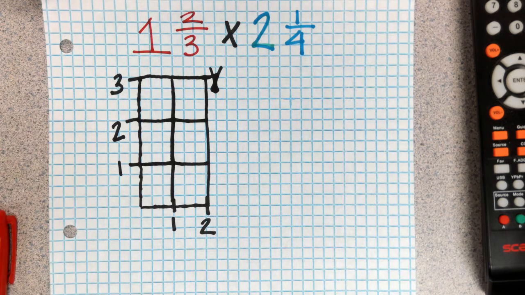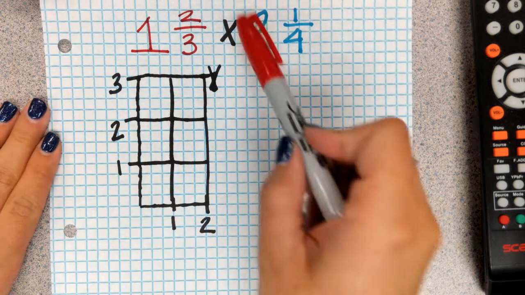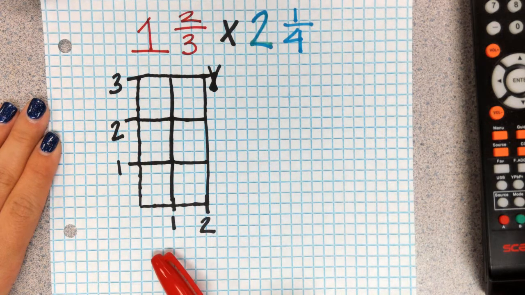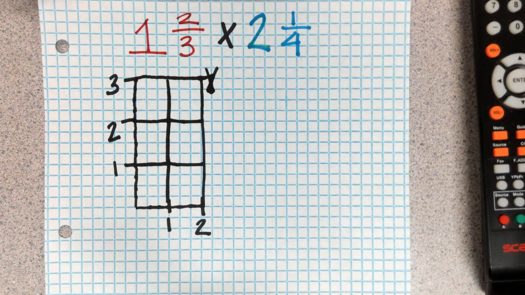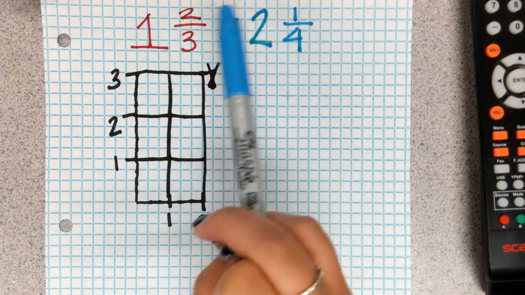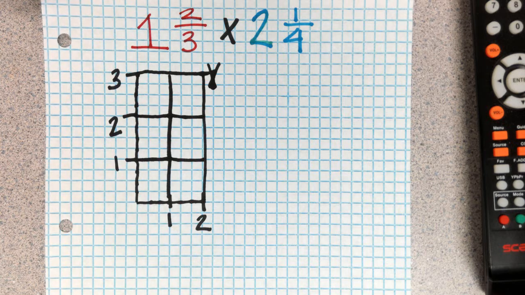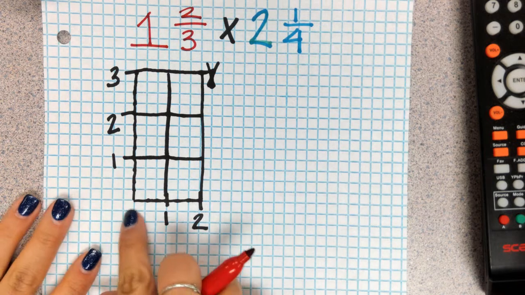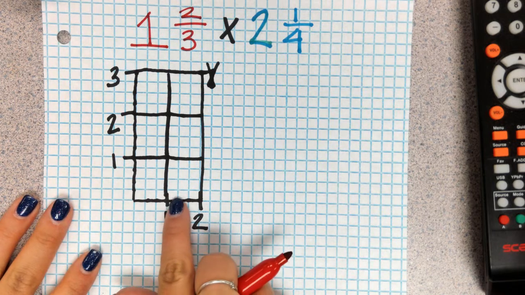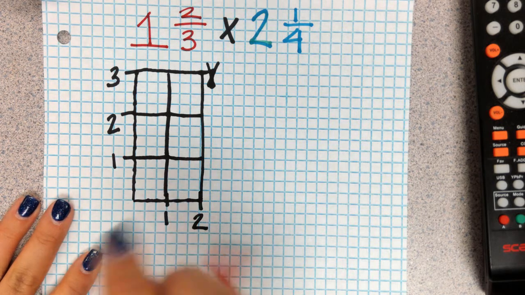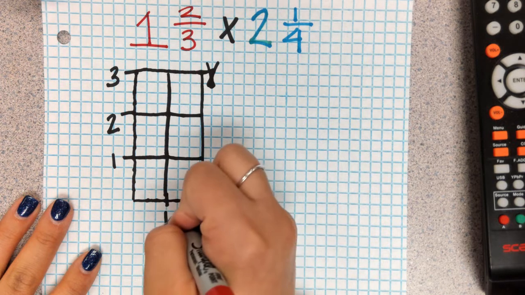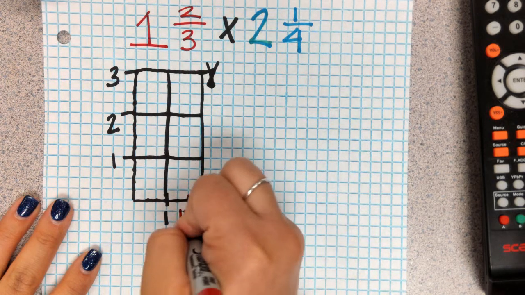Now I'm going to take my red marker and show 1 2/3 on the bottom, and then I will take my blue marker and show 2 1/4 on my left side. 1 2/3 looks like one whole and 2 of my thirds.